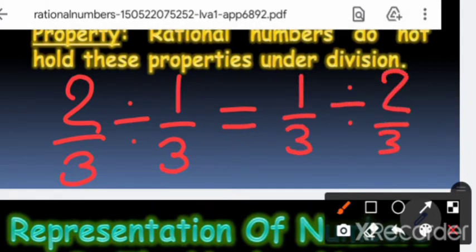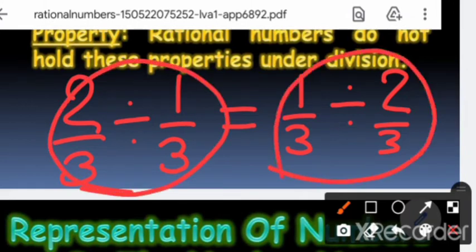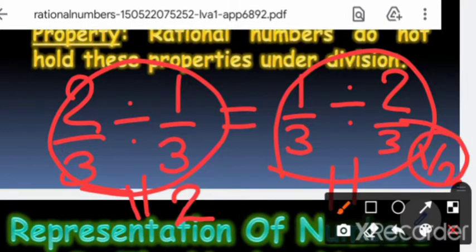In this case the answer will be 2, but in this case the answer will be 1 by 2. It means the result is different.